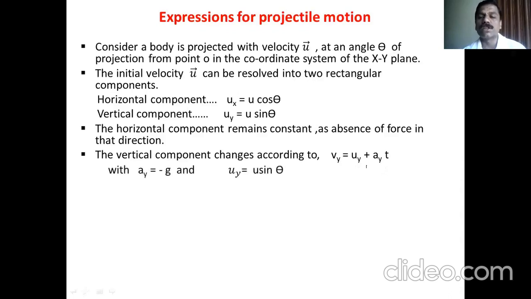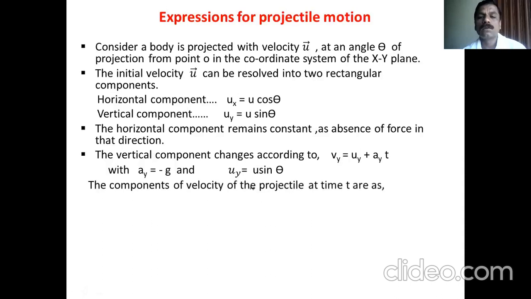Now in this equation, ay is nothing but minus g, and uy, the initial velocity, is u sin theta, and vy is the final velocity after a certain interval of time.